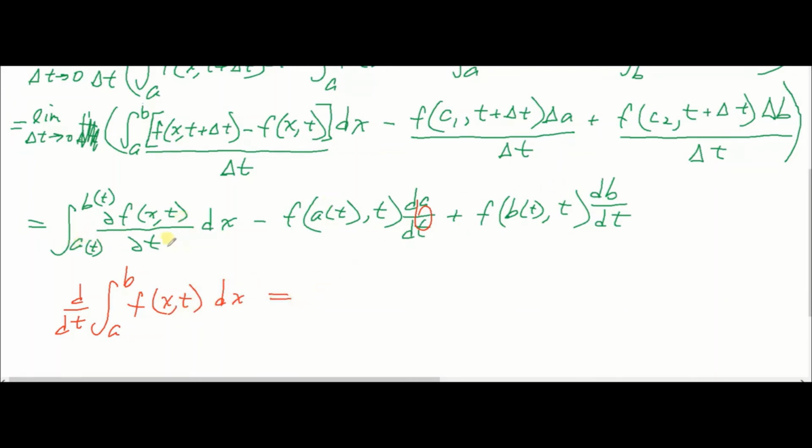Basically, you just need this term, and what it amounts to is you're just taking the partial derivative of the function, partial with respect to t, first, and then you take the integral with respect to x. So the red here is Leibniz's rule if a and b are constants.